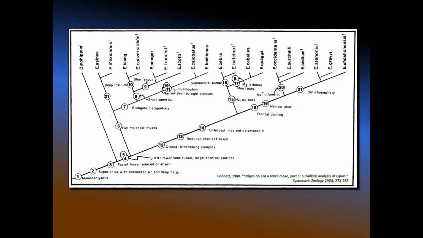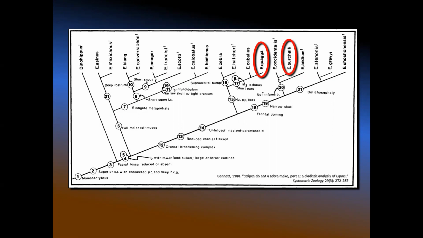For example, here's an older cladogram. This is from 1980, and this gets back to Ice Age horses. And this was a cladistic analysis of Equus, Equus being the genus of horses. And in this case, they use living horses as well as fossil horses. And what I want to point out is here you've got quaggas, and you can see that they are the end of that particular branch or that particular clade.